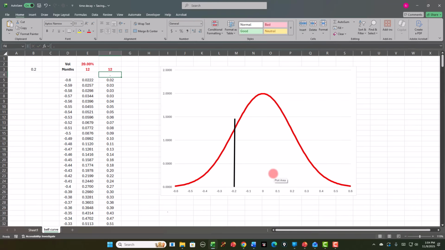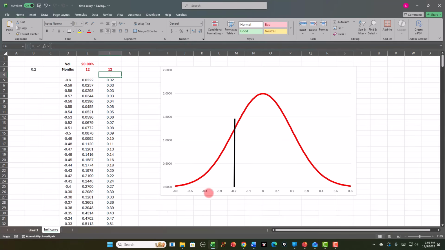And it's a little weird in Excel how you have to do this, but if this is 0.2 for volatility, then 3 standard deviations would be 3 times that, or minus 0.6. So this is our minus 3 standard deviations out here. So if this is a 1-year option, 12 months to expiration, 20% below, or 1 standard deviation below, let's say on a $100 stock, would be $80.